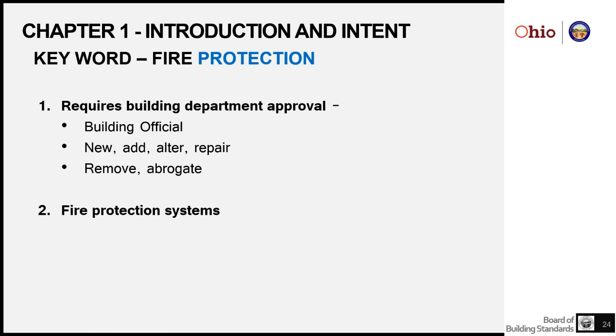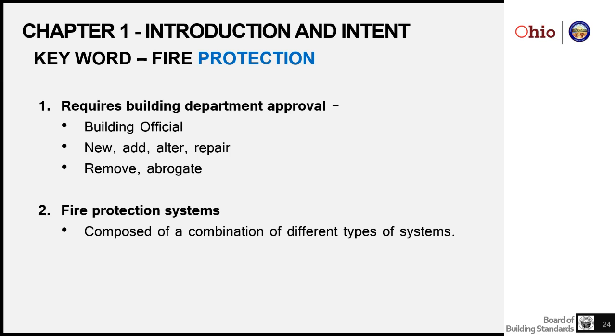So fire protection systems is a broad term. It is composed of a combination of different things: automatic sprinkler systems, fire alarm systems, devices that may be individually mounted like fire extinguishers. Those are all going to be part of fire protection systems. Most of that stuff is identified in Chapter 9.